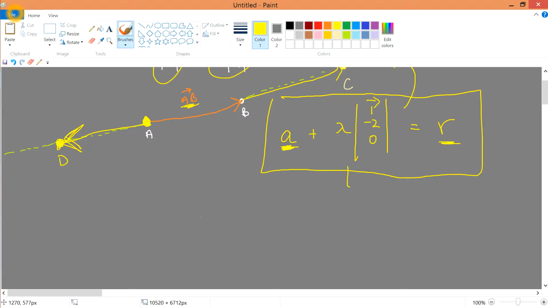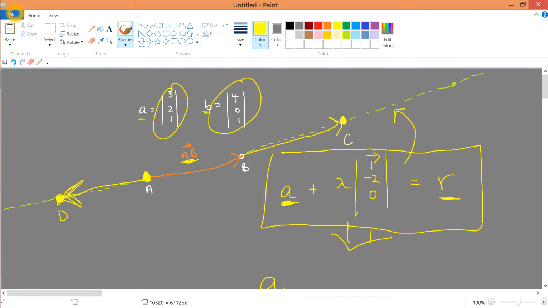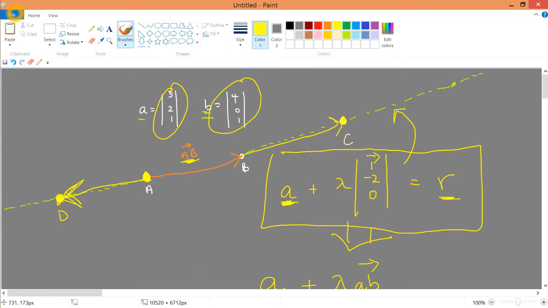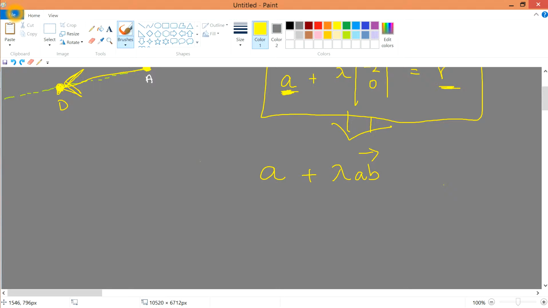From this, we can generalize an equation stating the equation of a line, which is any point A. In this case, I'm not talking about this point A anymore, I'm not talking about this vector AB anymore. We're talking about the general equation: A plus lambda times vector AB is equal to some vector r in terms of x, y, and z.